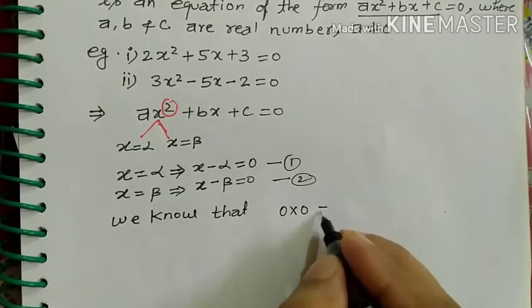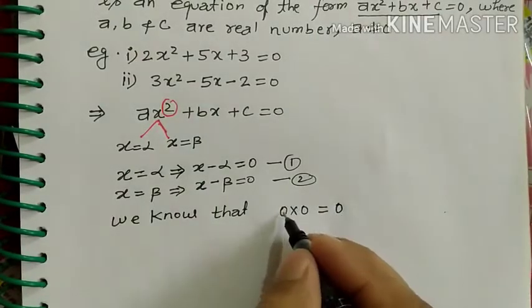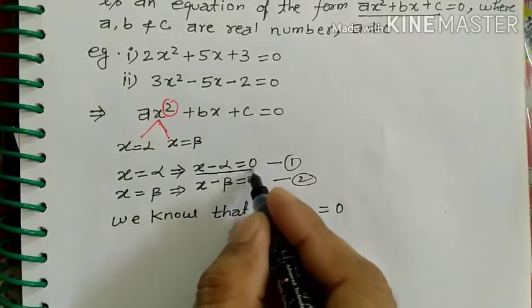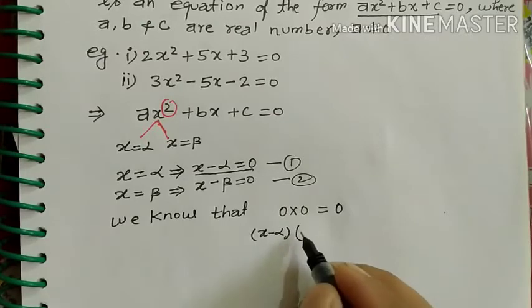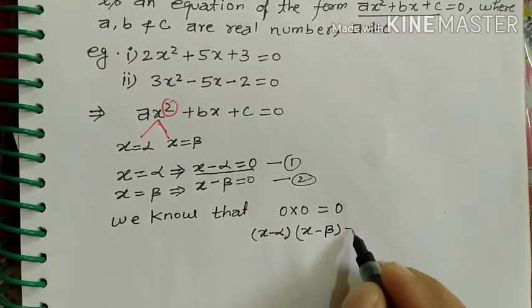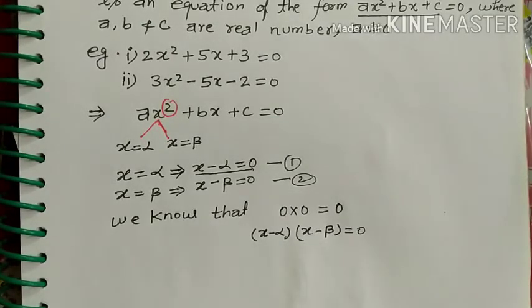We know that 0 into 0 equals 0. Put the values of 0 as x minus alpha and x minus beta, then it becomes x minus alpha into x minus beta equals 0. How do we solve it?